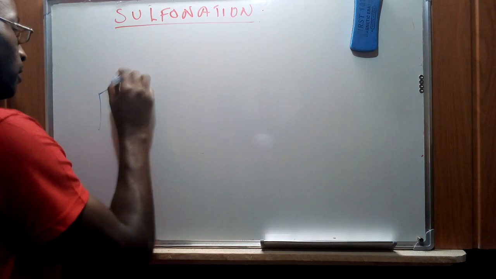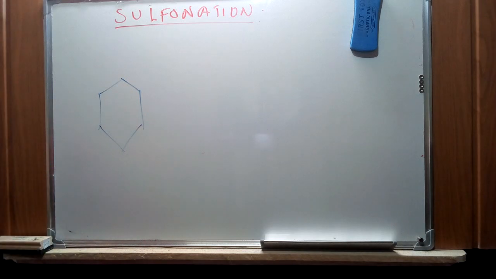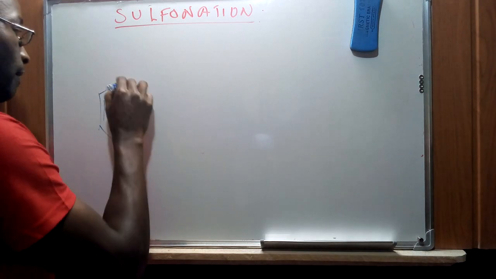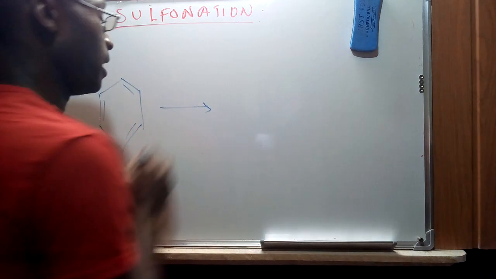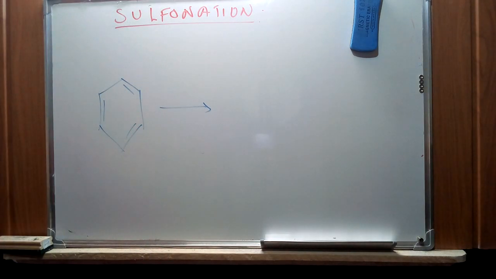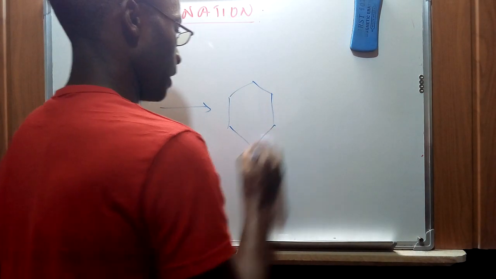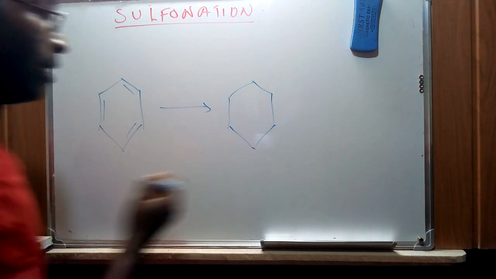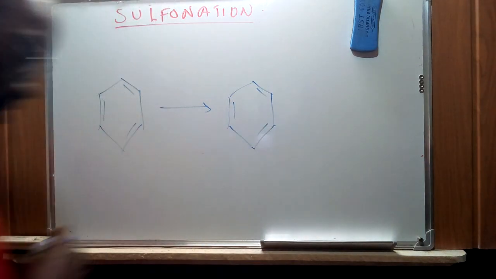We have said that sulfuric acid is going to be used as a catalyst. From our biology and chemistry discussions, we know what a catalyst is: a substance that is involved in a chemical reaction but is not changed at the end of the reaction.